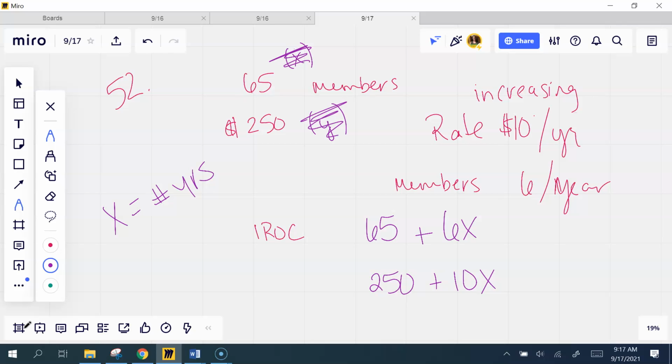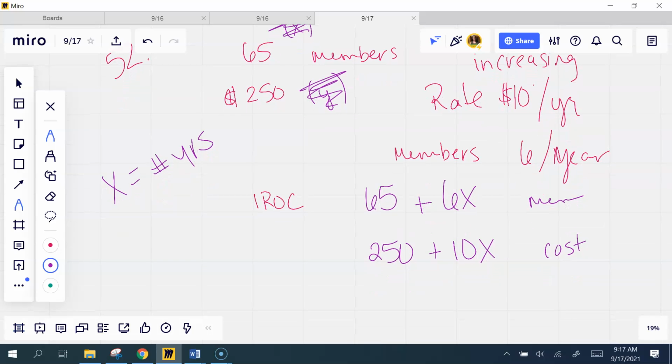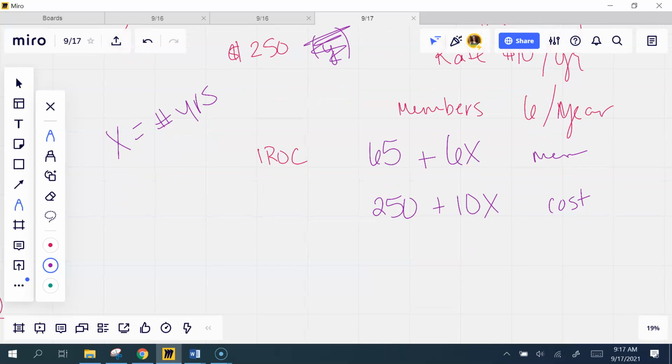Okay, so if this is my member, this is my cost, right? How do I find the cost per member? Okay, so 65 plus 6x, that's my number of members.